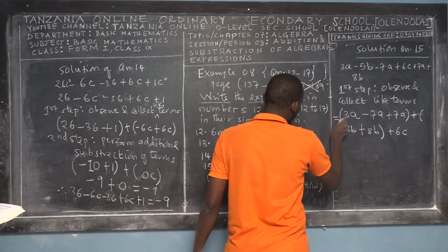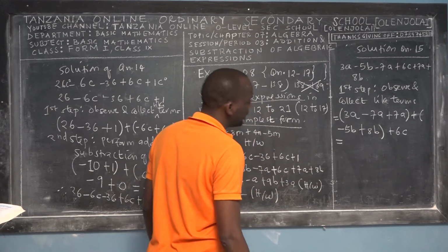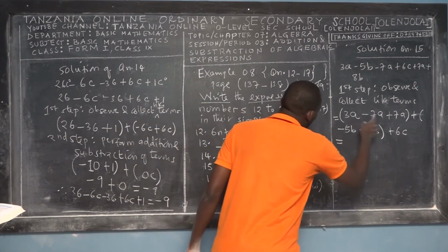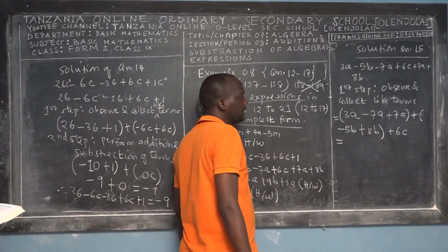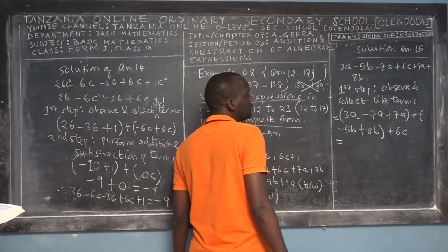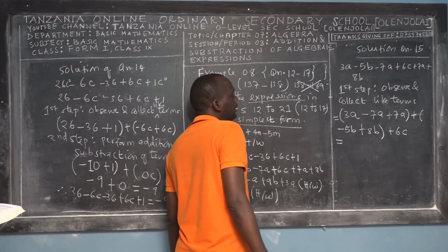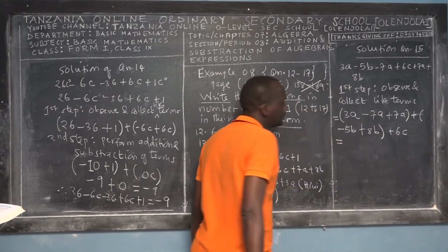So then tunasema hivi. 3a minus 7a plus 7a. 3a minus 7a is equal to negative 4a. Negative 4a plus 7a is equal to 3a.